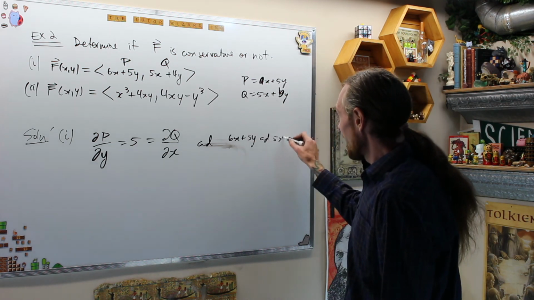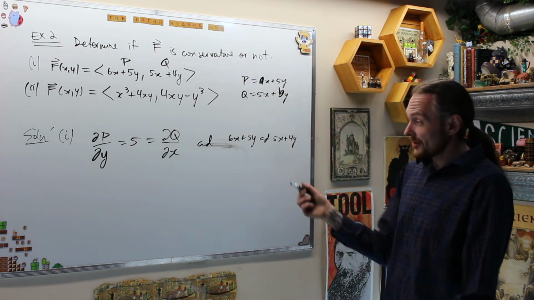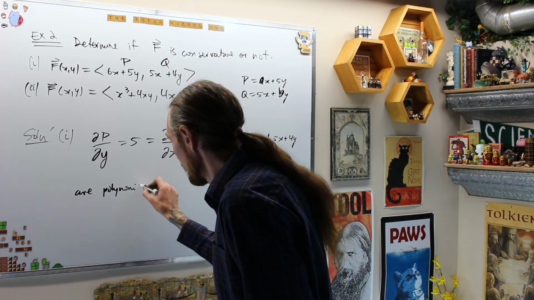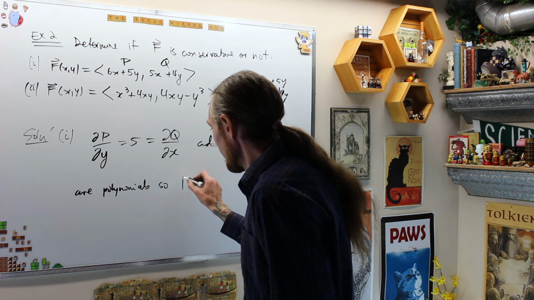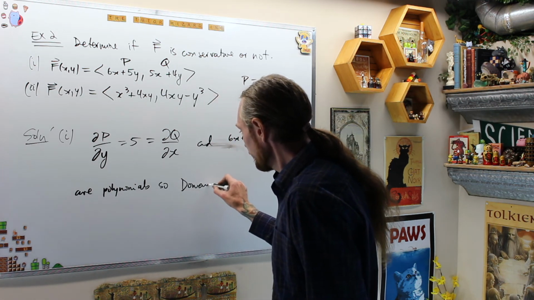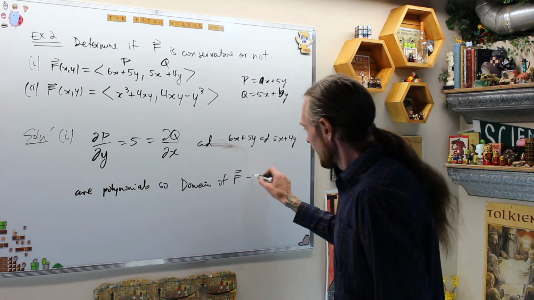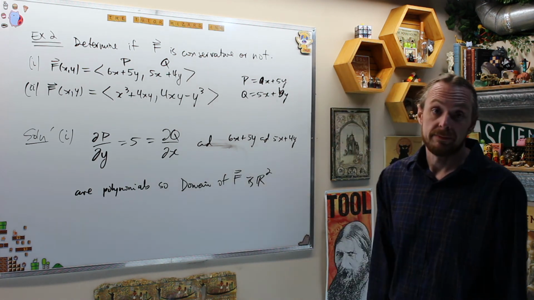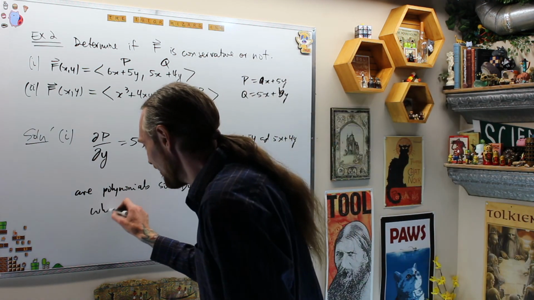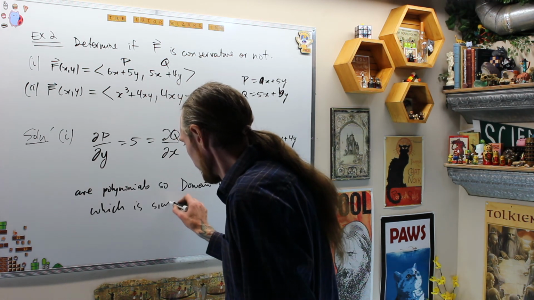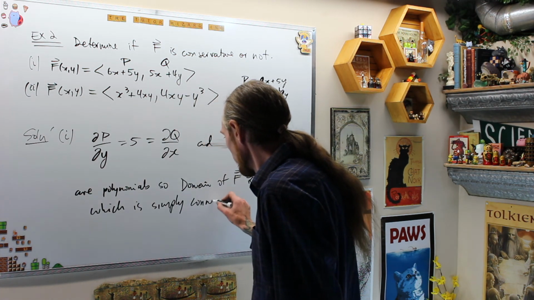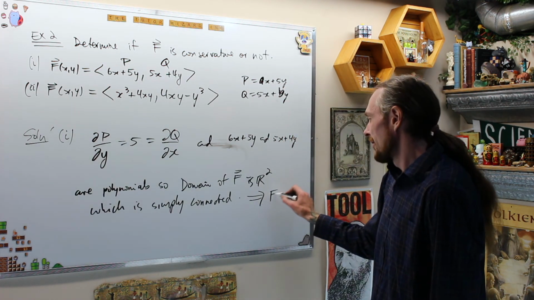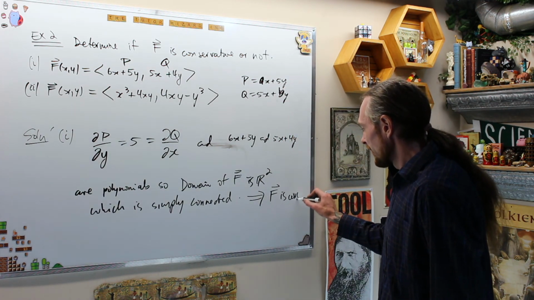And 5x plus 4y, or any of those numbers, are polynomials. So the domain of f is R2, which is simply connected. Therefore, f is conservative.